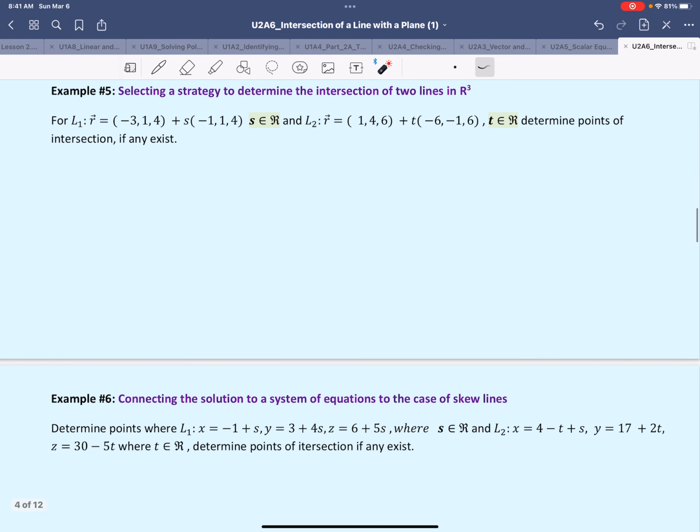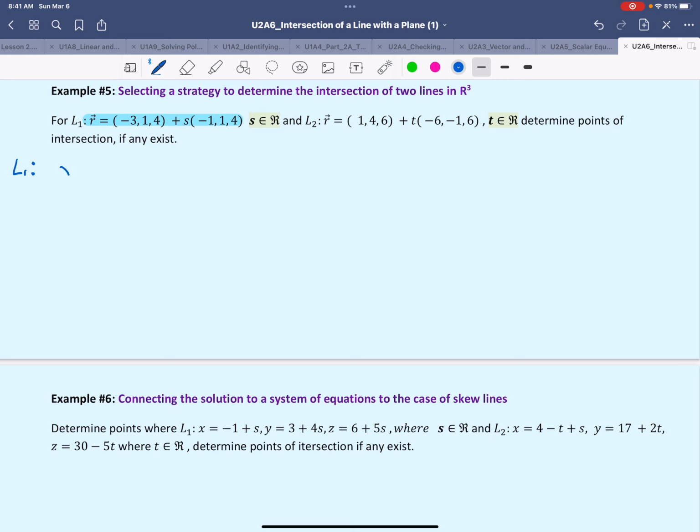In example 5, we are given the lines L1 and L2, both in vector form. And we have to find if there is a point of intersection. So I'm going to start off with line L1 and write down the x, y, and z coordinates of any point on line L1.